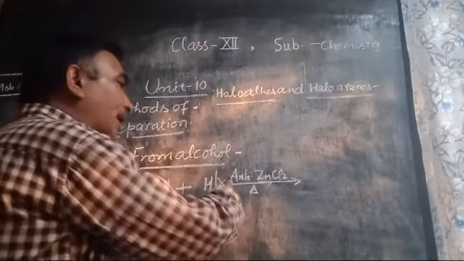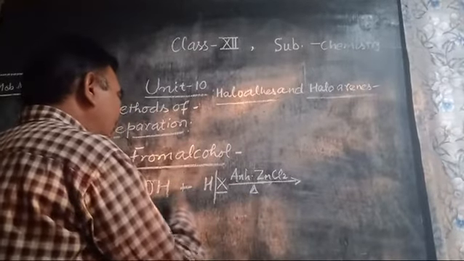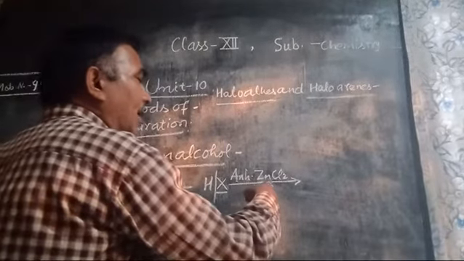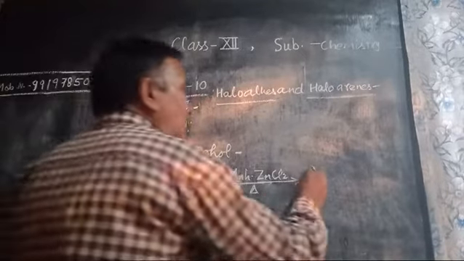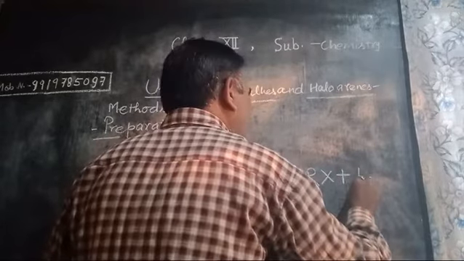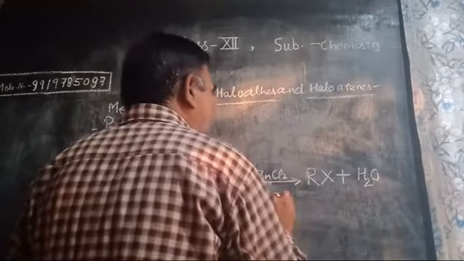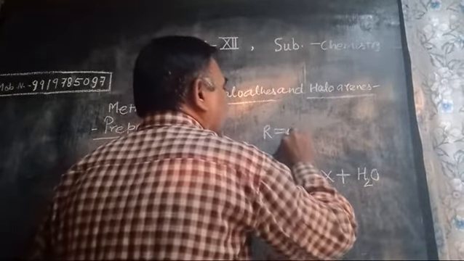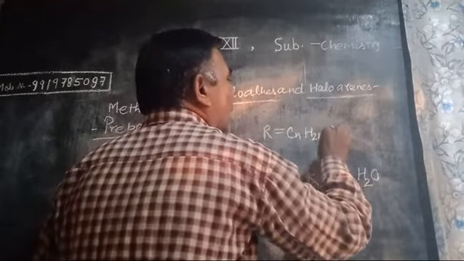Anhydrous ZnCl2 acts as a dehydrating agent. Water molecules, H2O, formed in the reaction are absorbed by anhydrous ZnCl2, and RX, the corresponding alkyl halide, is obtained according to the reaction. R is equal to CnH2n+1.